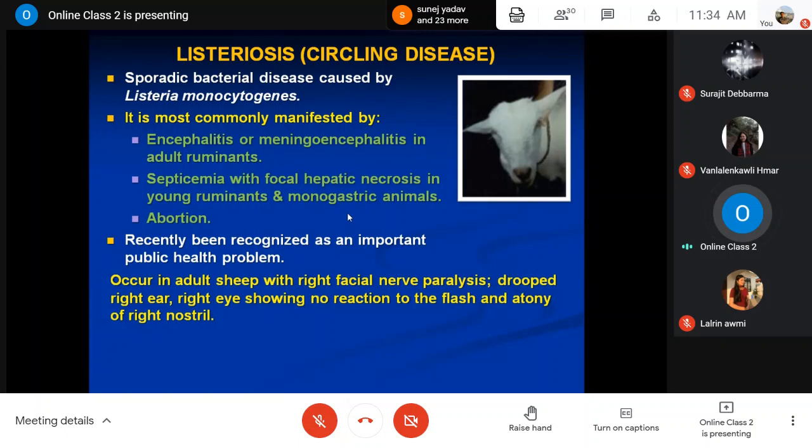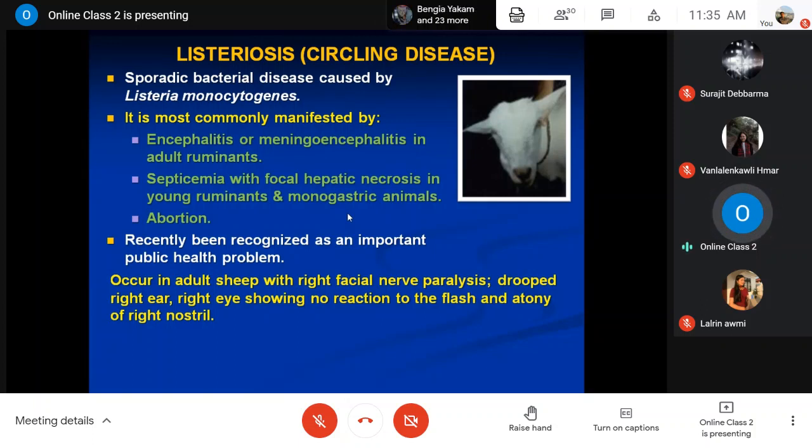It has zoonotic importance, and it may occur in adult sheep with right facial nerve paralysis, drooping of the right ear, the right eye showing no reaction to flash, or atony of the right nostril.